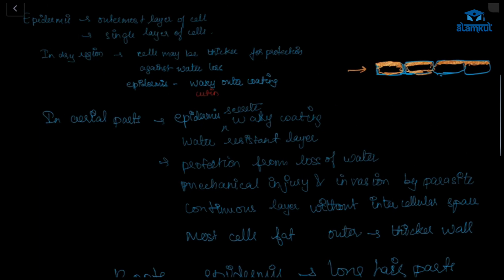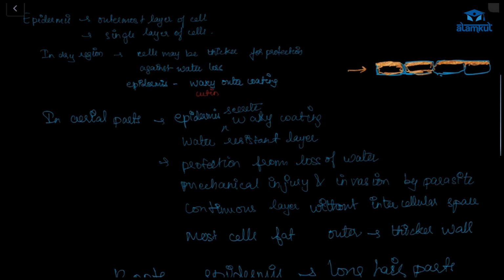Understood? Everyone understood? Now in the aerial part they will secrete a waxy coating, which will make the layer water resistant, and which will protect the plants from water loss, mechanical injuries, and invasion of parasites.